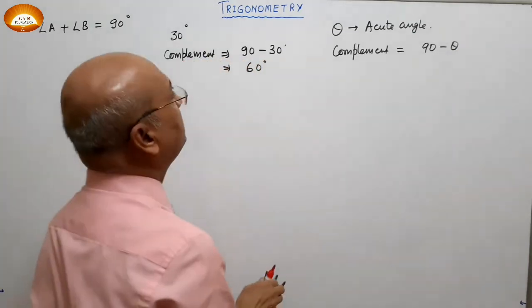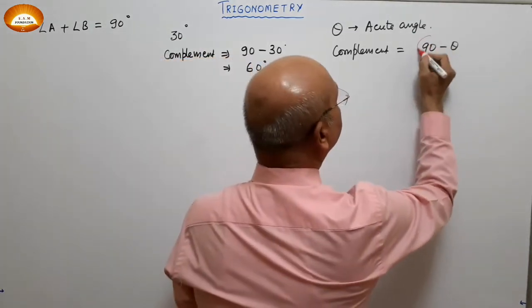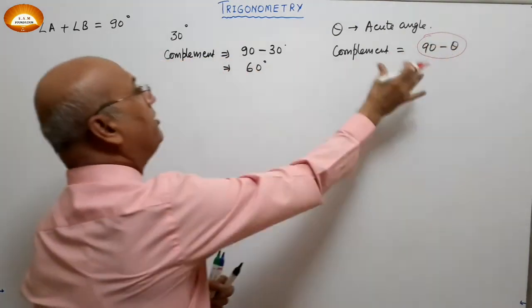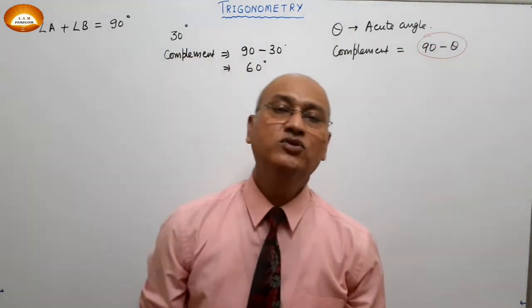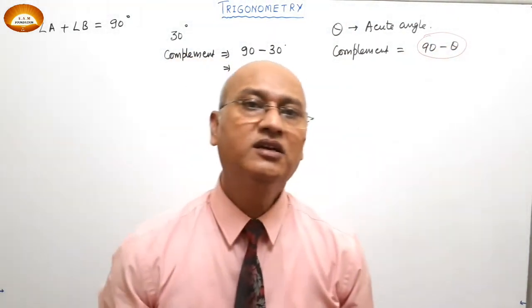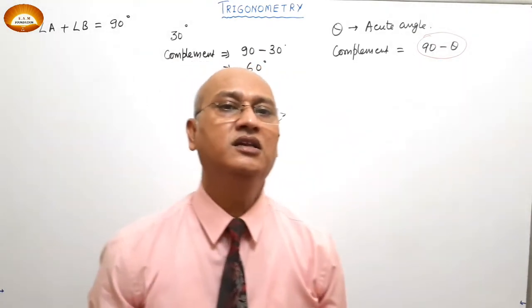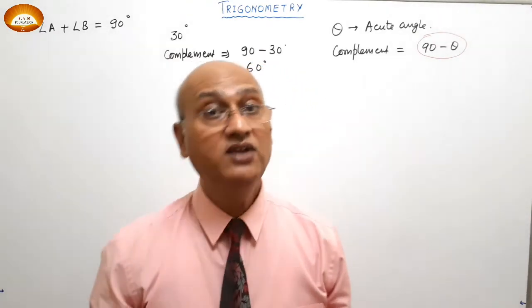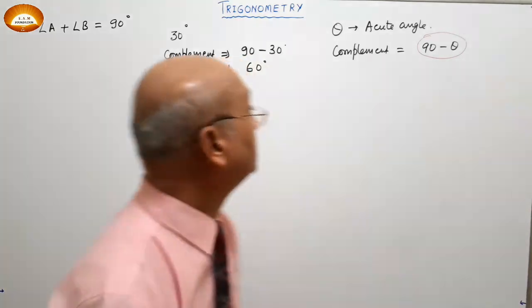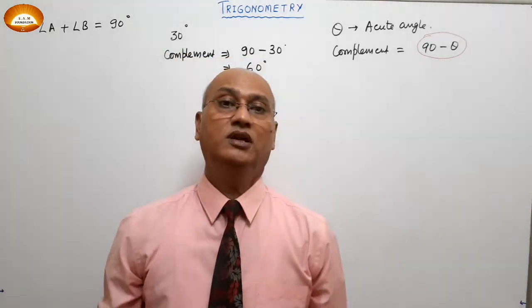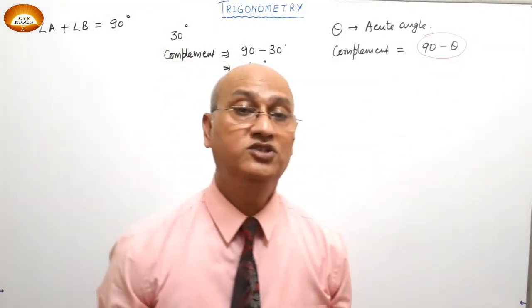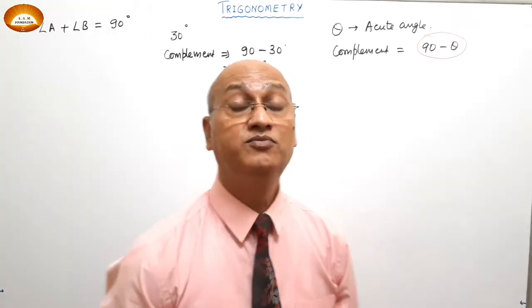This will be the complement of this angle theta. Now, when this complement angle is associated to trigonometric ratios, what changes occur in the trigonometric ratios, that we have to study in this. Both the things I'm going to tell you: how to remember these changes and how to write these.